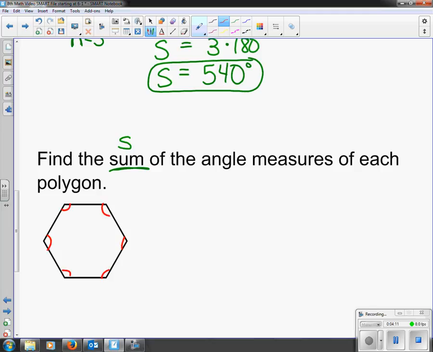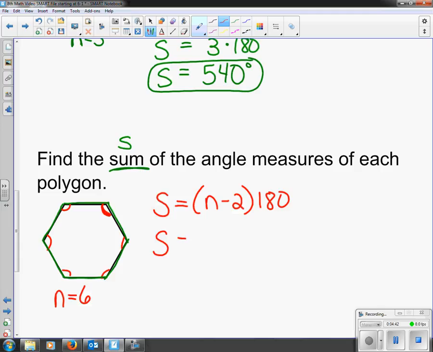If we had to add up all of their angle measurements, instead of doing all that math, we'll just do the formula, n minus 2 times 180. But n is the number of sides. So how many sides are there? 1, 2, 3, 4, 5, 6. So n is 6.